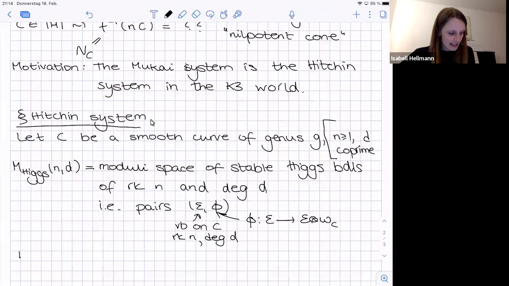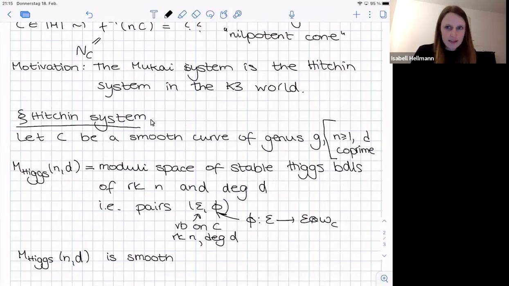Exactly. Because I fixed n and d coprime, this moduli space of Higgs bundles is smooth. There is a stability condition on the pairs, a stability condition on the pair. It does not imply that E has to be a stable vector bundle, but if E is stable, every such pair would be a stable pair.